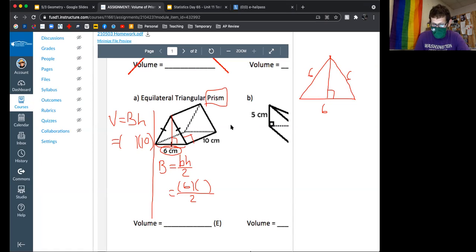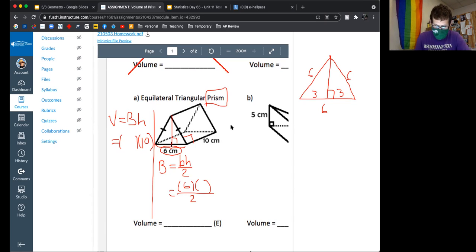This bottom 6 right here, because this is an equilateral triangle, this doesn't work with every triangle, but because it's equilateral, or if it was isosceles, this would also be true. We can take this and split it into half of the 6. So that's going to be 3, and that's going to be 3. And these are centimeters, but I don't need to label the centimeters every single step.